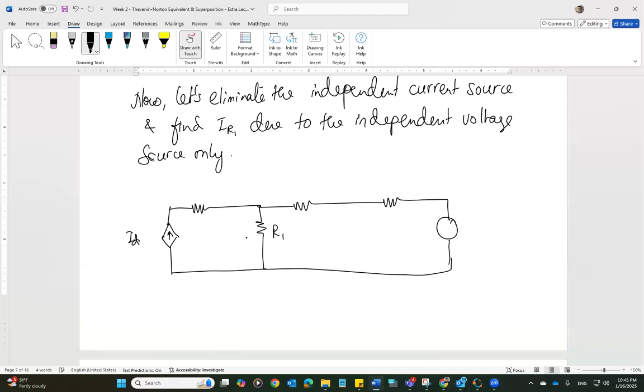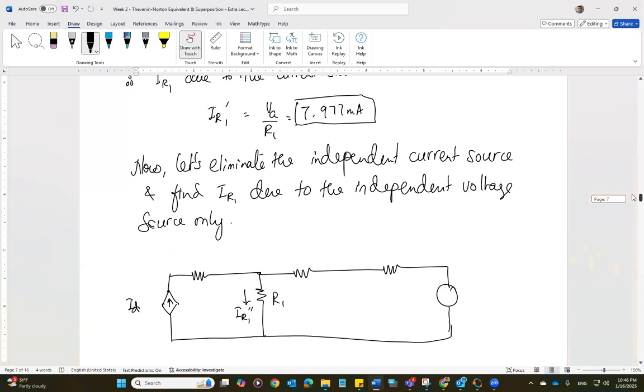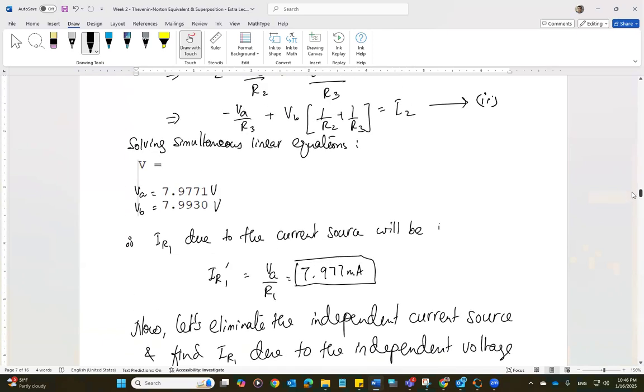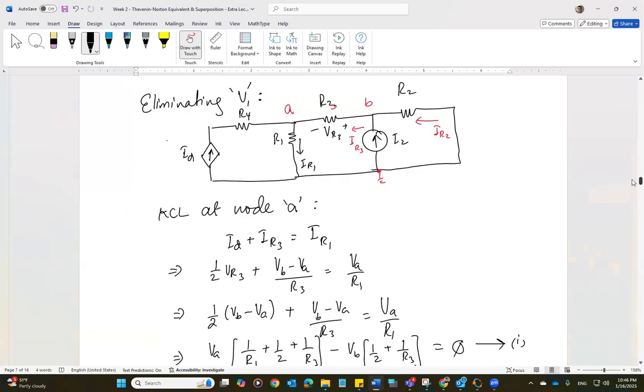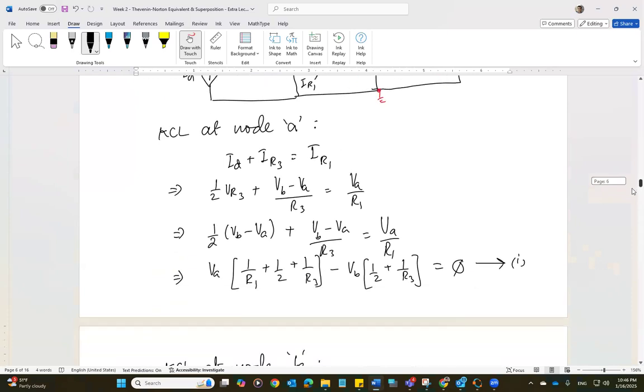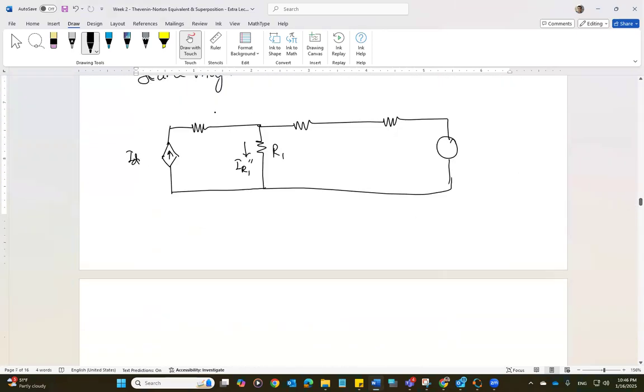This is R1, IR1. Let's call this IR1 double prime in this circuit. Okay, so this is our circuit.